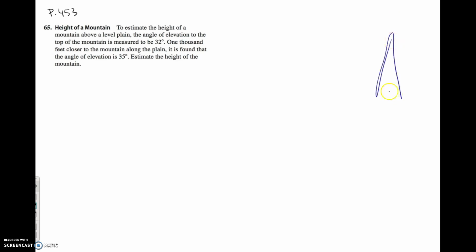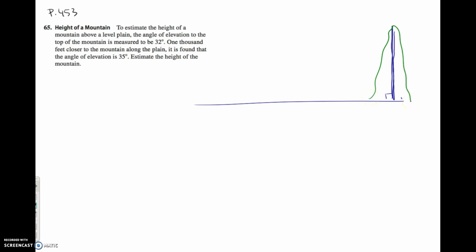So we have a mountain here. For the sake of simplicity, we're going to just consider a height like that. The mountain would be kind of like this or whatever, right? So we're driving.